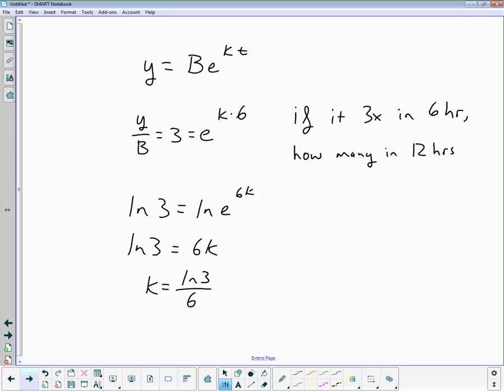Okay? Now we're going to find out how many are in 12 hours. So y is equal, now we don't know what b is, but we know that y over b is going to be equal to e to the kt. We know what k is, so we can plug it in. And that's a calculator job. Oh, no, wait, 12 hours.